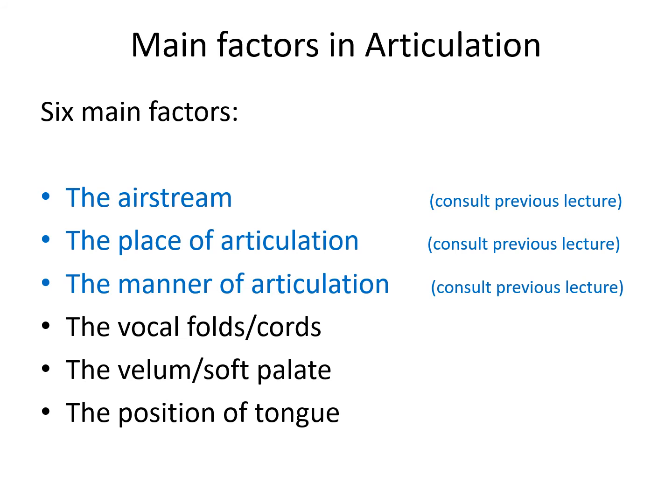Among these six main factors, we will discuss only three in this lecture, since the first three have already been discussed. If you have any confusion or problems, consult those previous three lectures. Then there are the vocal folds or vocal cords, the velum and soft palate, and the position of the tongue. These three main factors we will discuss in articulatory phonetics.